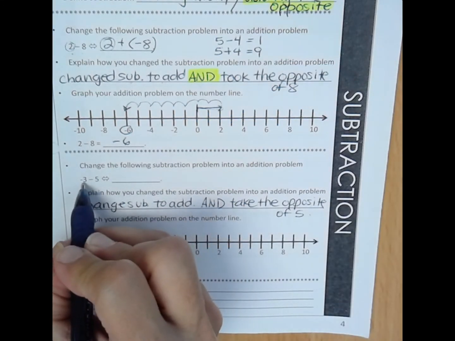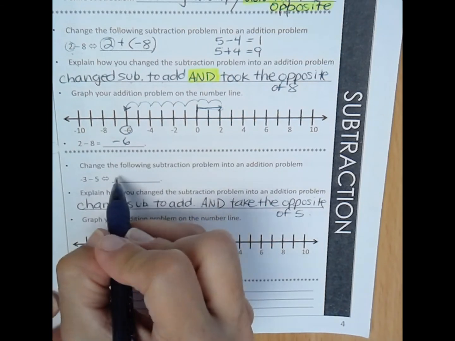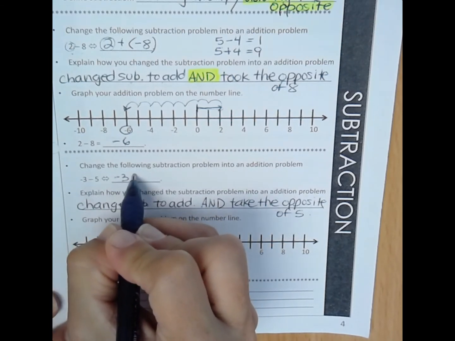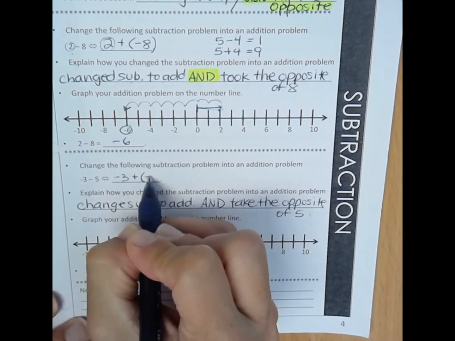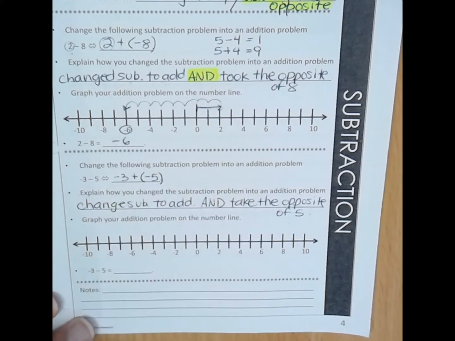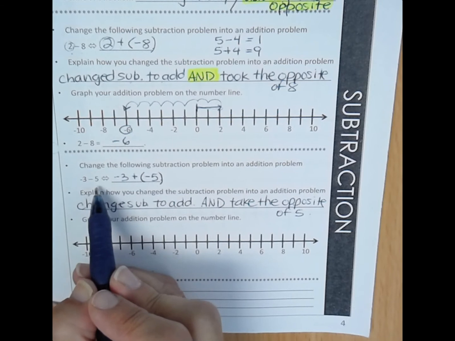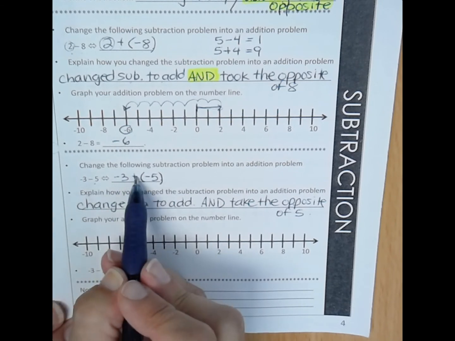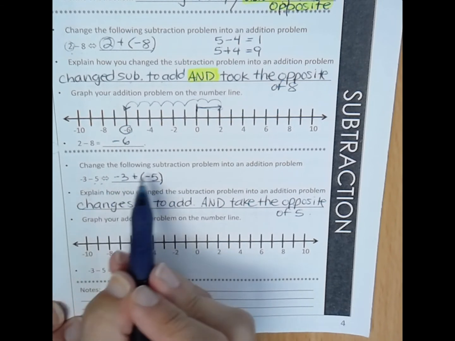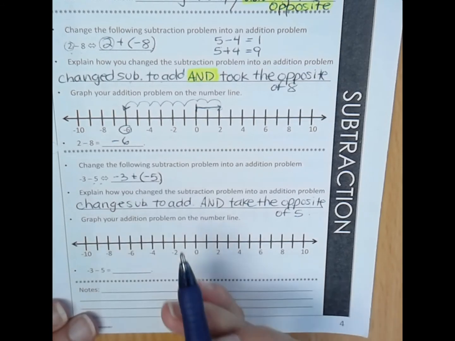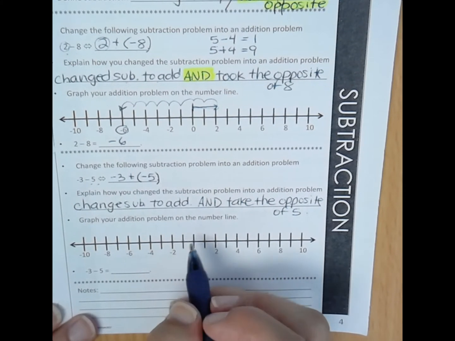So negative 3 minus 5 would be the same as negative 3 plus the opposite of 5. Again, notice the negative 3 doesn't change, but I changed the subtraction to addition, and I changed the 5 to a negative 5. So let's look at that on our number line.